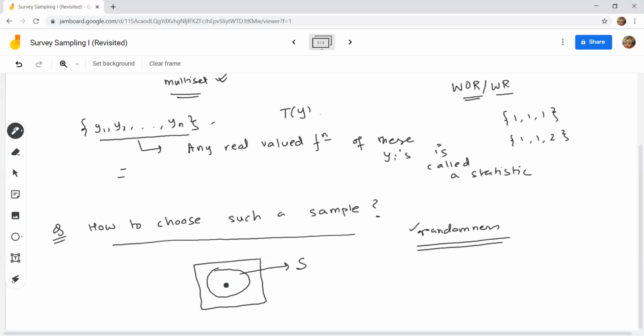So you don't have any prior idea which sample you are going to choose, but you have assigned a certain probability to that, right? So assigning probability to the subsets of S, okay, that ensures randomness.